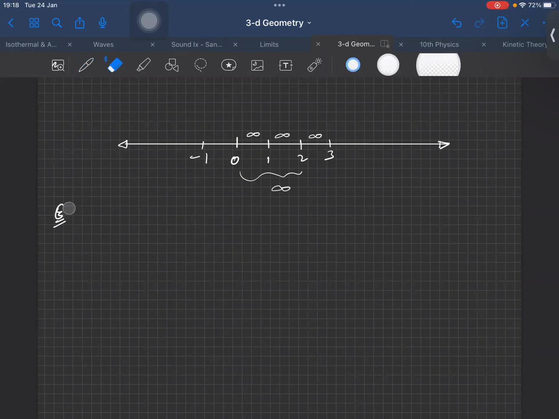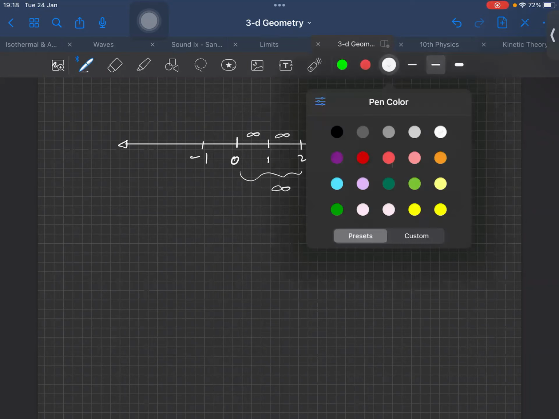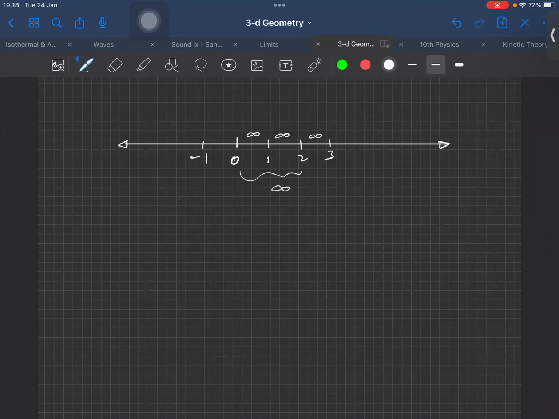But there are some simple rules that we need to follow. One of the rules to solve inequality is: if a by b is greater than c by d, that is, if the ratio a by b is greater than c by d, then we can write b by a should be lesser than d by c.